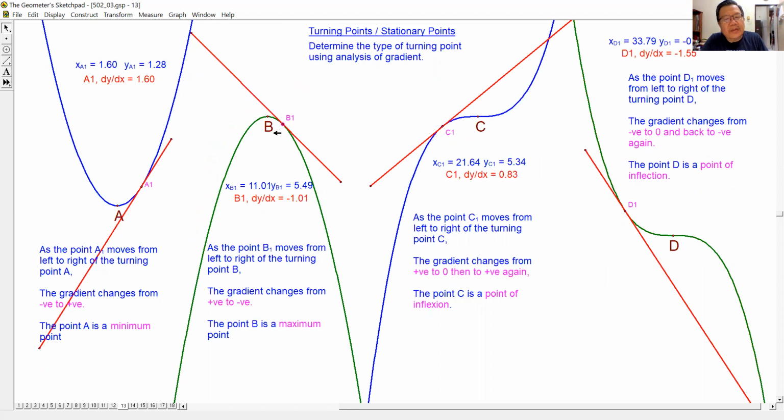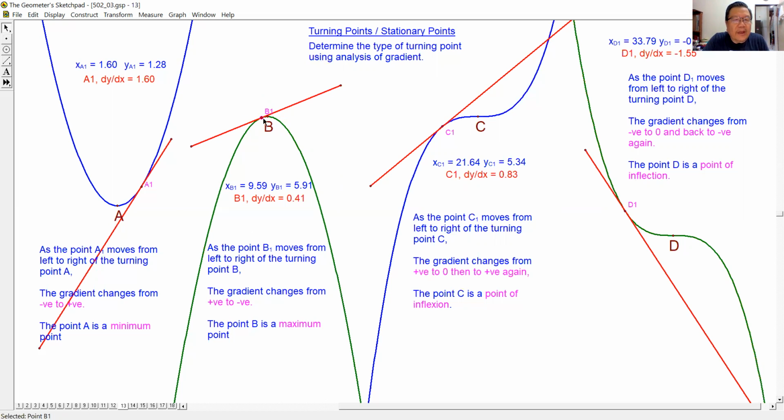Then from 0, it becomes negative when it goes to the right hand side. So in other words, the gradient changes from positive to negative. Point B is a maximum point.